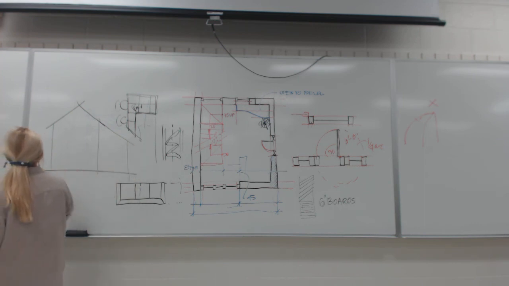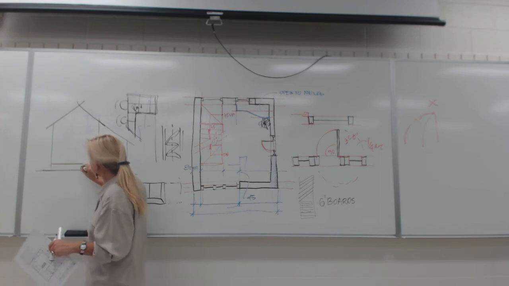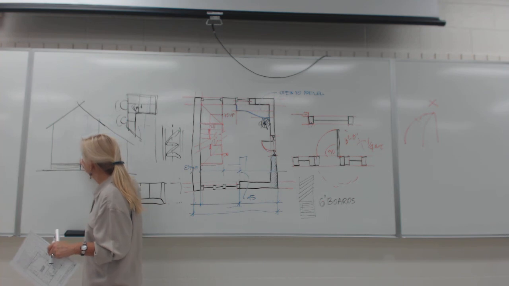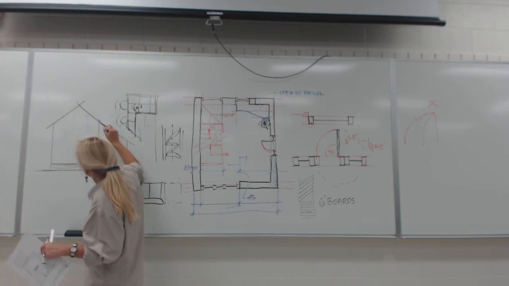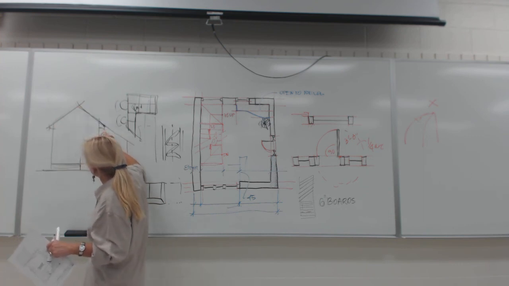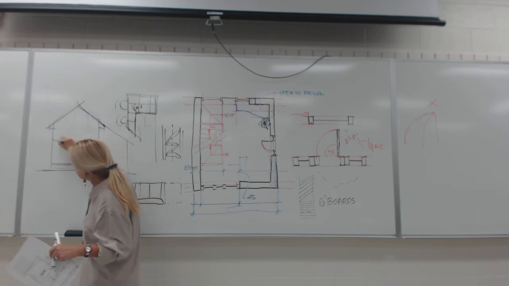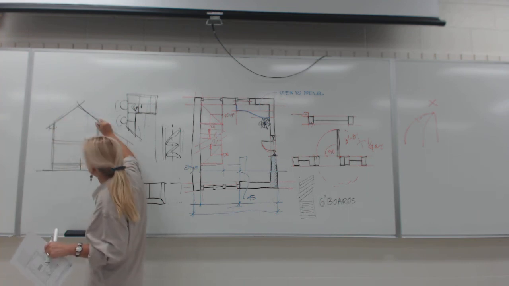You're not drawing elevations, but we have 3 steps going to the veranda, and these posts go all the way up, and the roof here extends over the veranda, and we have supporting tubes that go to the roof.